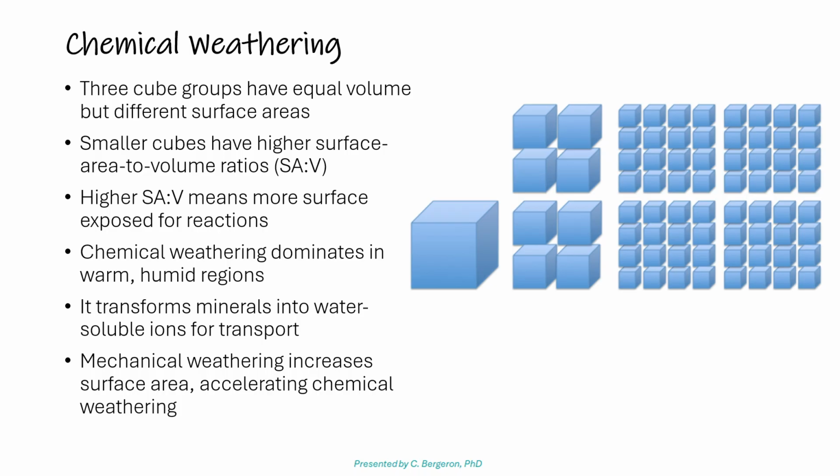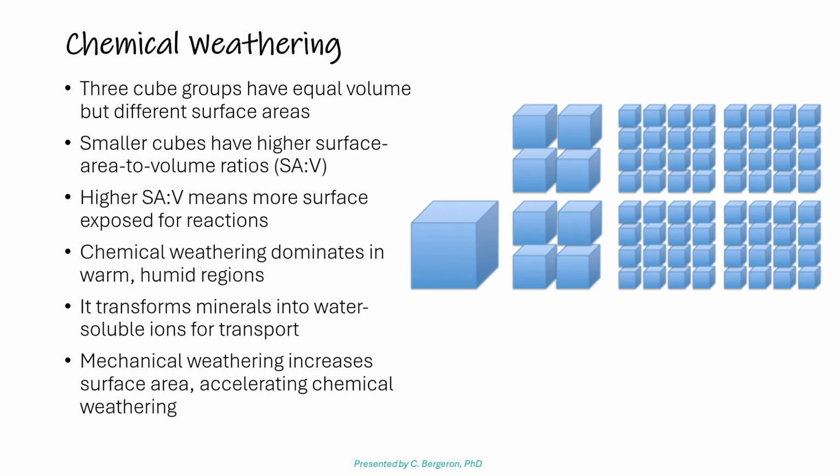Physical weathering can penetrate the rock, but chemical weathering really only works on the surface. So unless you have extra surface area exposed, only the outside of the bedrock is going to be susceptible to chemical weathering.